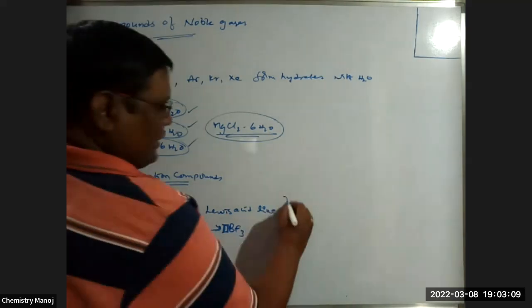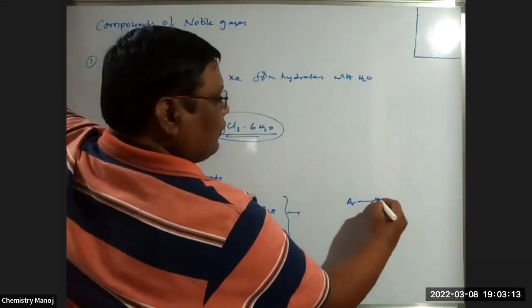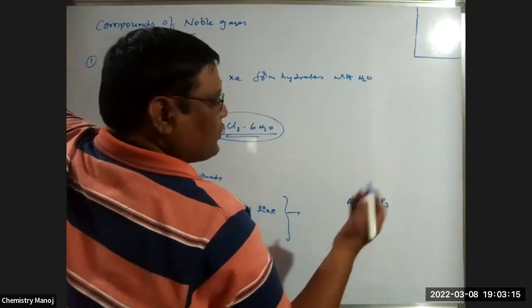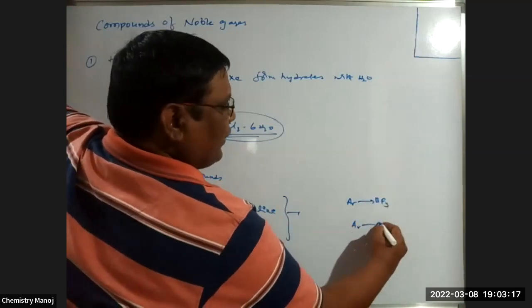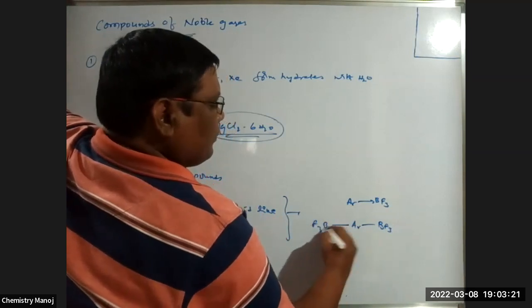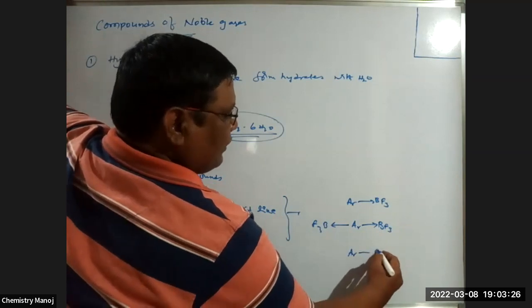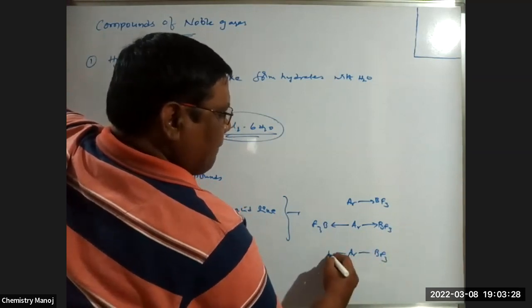So argon forms a compound with 1 BF3, with 2 BF3, and with 3 BF3.